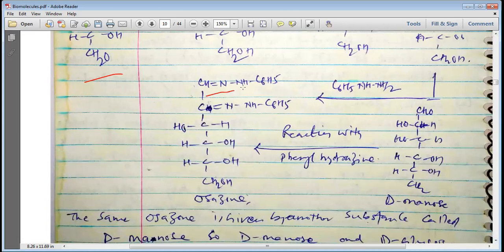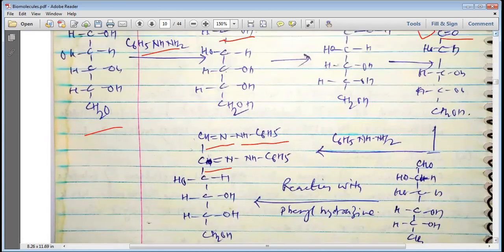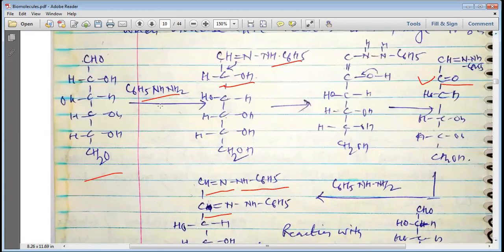You can see CH double bond N, NHC6H5. Again, when we allow the glucose to react with the phenylhydrazine, it gives us this product, where we have the carbonyl group present on the second carbon.